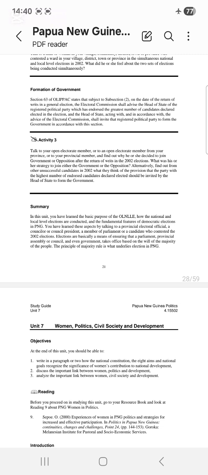So you will see that in our country after 2002, first the Governor General will call the leader of the leading party to be the alternate government. That's the first process.